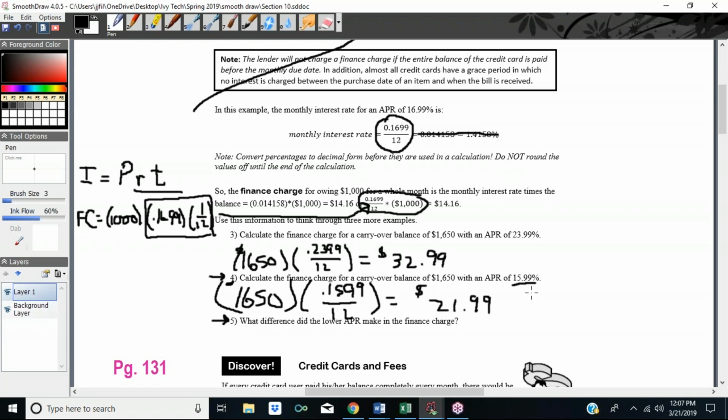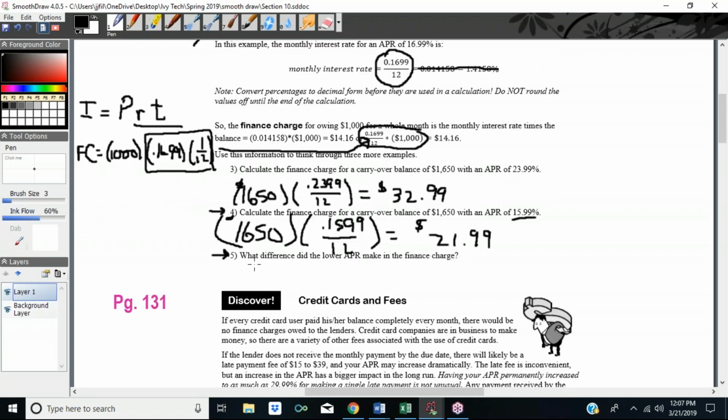Perfect. And what difference did the lower APR make in the finance charge? All right, so mathematically it was $11 difference. And we can say the lower APR resulted in decreasing the finance charge by $11 if you want to put it in a sentence.